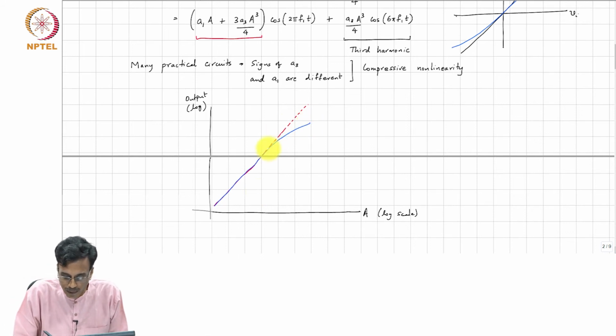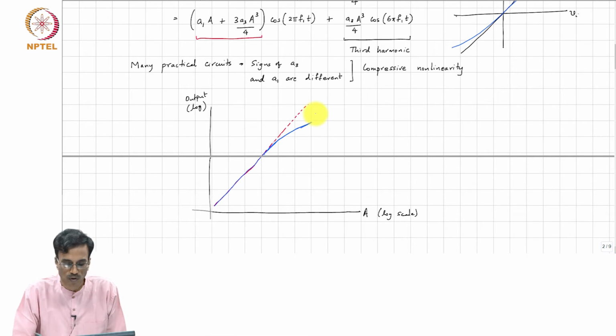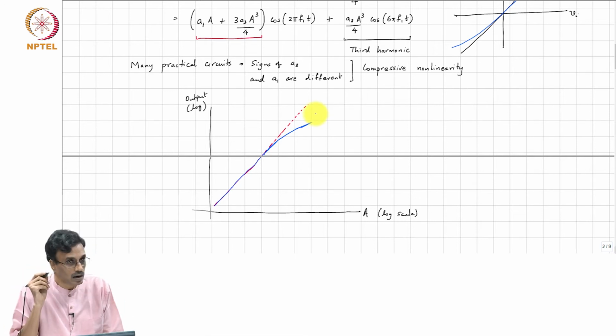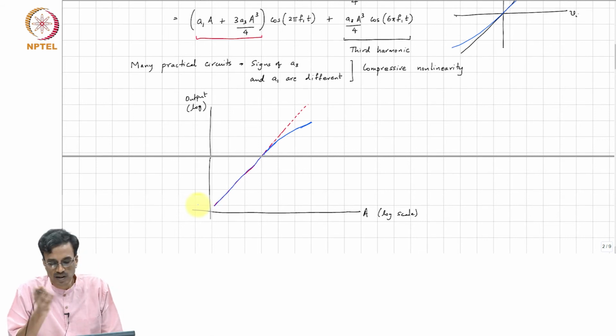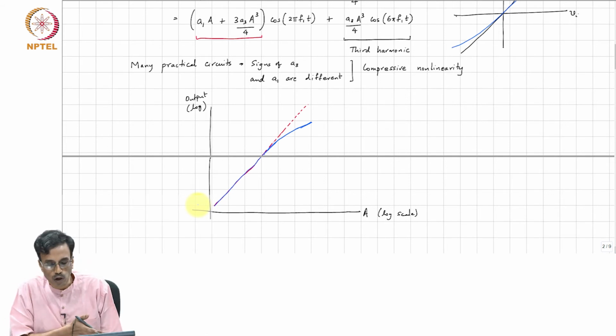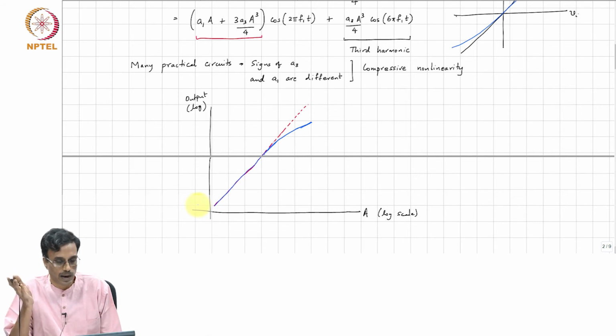So, the fundamental amplitude itself is no longer a straight line with a slope of 1 dB per dB. Okay. Technically, even at very low amplitudes, it is not a straight line, right. But at those amplitudes, that 3A3 times A cube by 4 is so small compared to A1A that for all practical purposes it looks like a straight line, right.